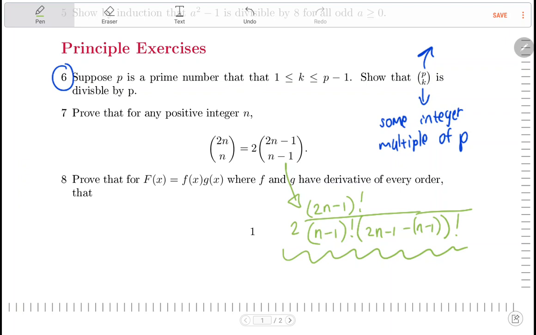The final step is you want to prove that it's true when n equals k plus 1. In other words, you want to use your induction hypothesis, where you assume that it's true when n equals k, in proving that it's true when n equals k plus 1. This is the end of this week's video.